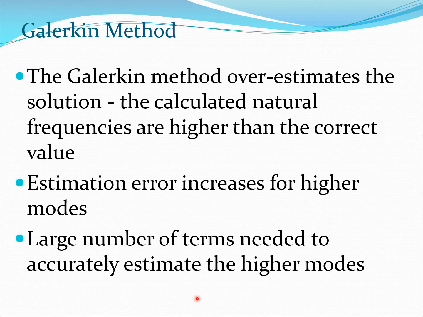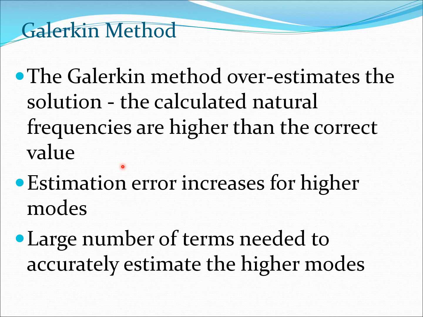Now, one of the things the Galerkin method does is that it estimates the solution to be slightly more than the actual solution, which would be the exact solution of the problem. So the calculated natural frequencies are typically more than the correct value. This is one of the things you can use to check if somebody has implemented the Galerkin method properly, that you will become closer and closer to the exact solution as you increase the number of terms.